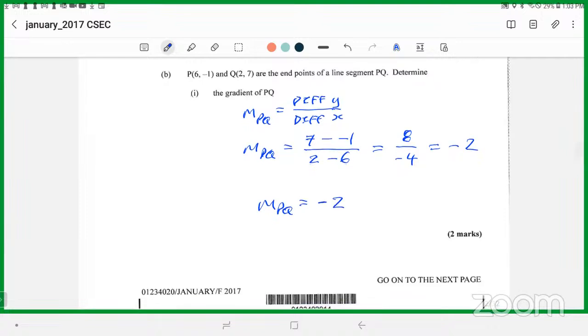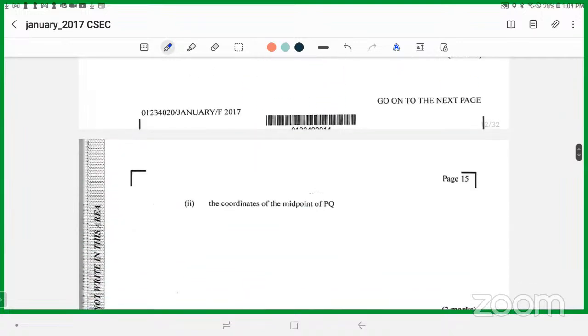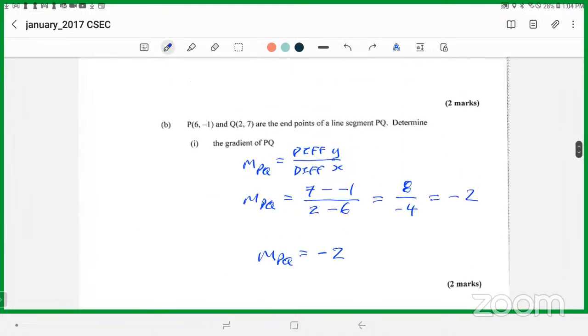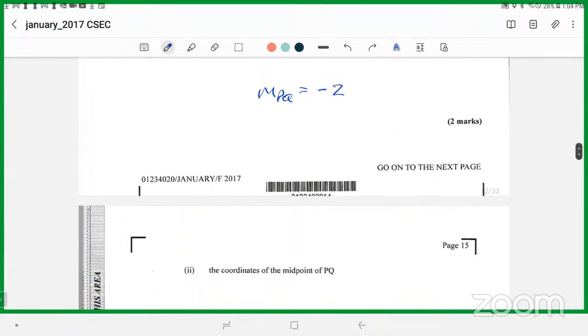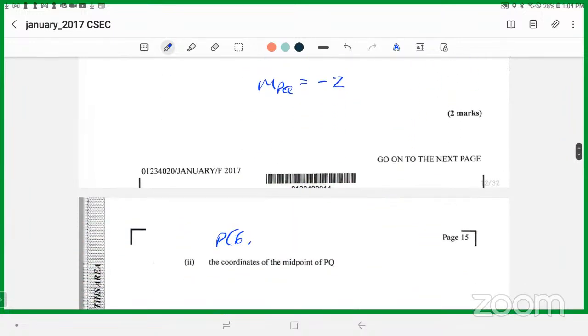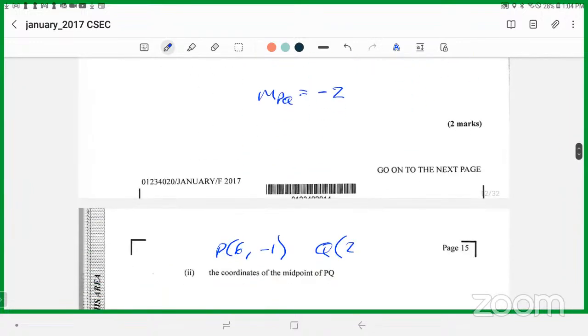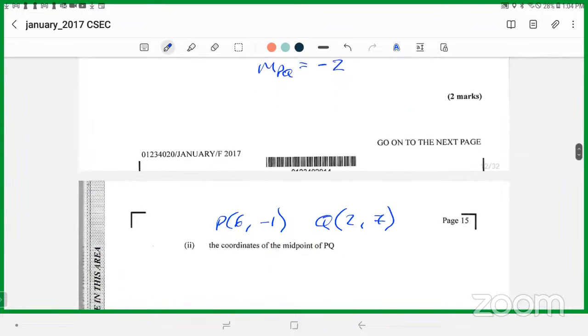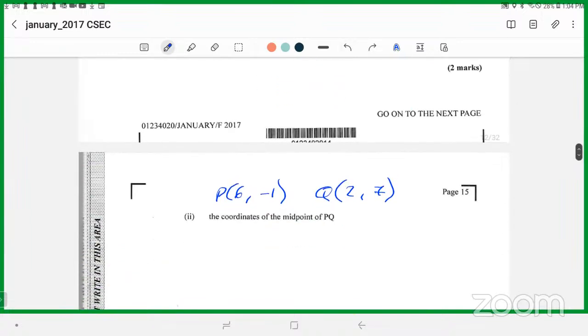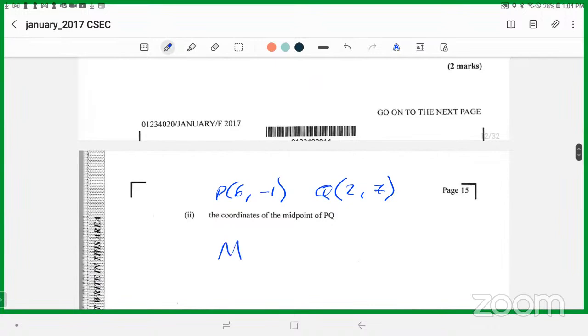All right, let's continue. Then we want the coordinates of the midpoint of PQ now. Let's write them down again. P is 6, -1. And Q is 2, 7. I want the midpoint. Let's call it M. Remember, the midpoint is like an average point.